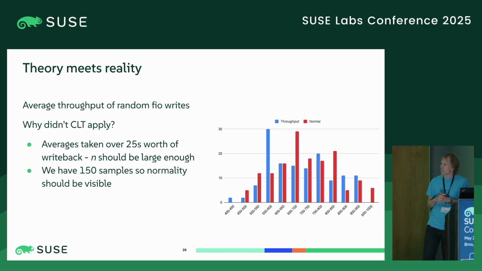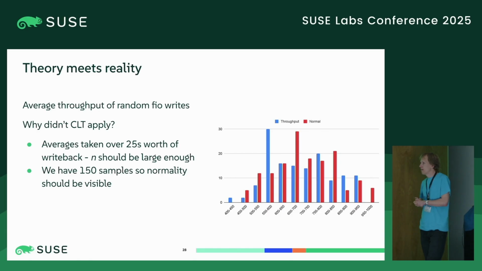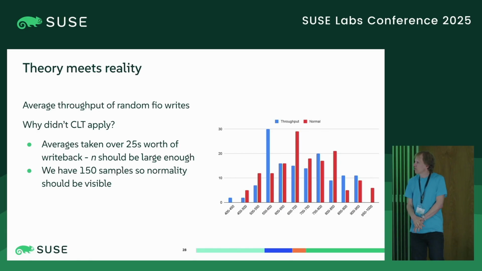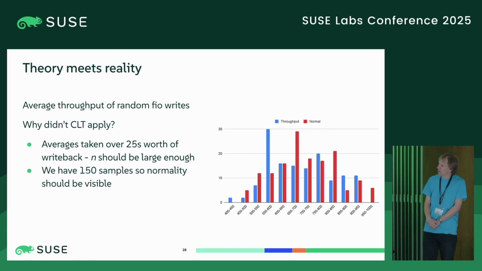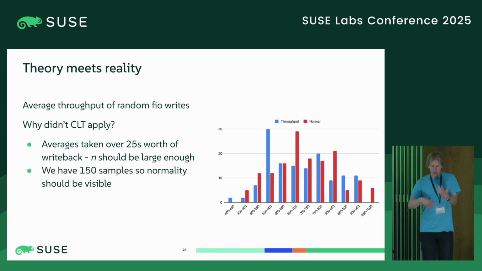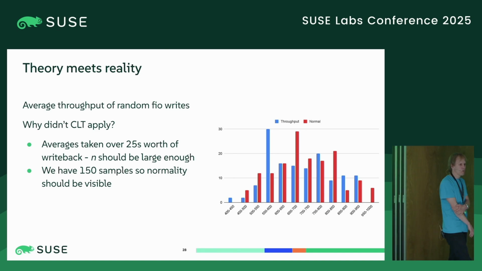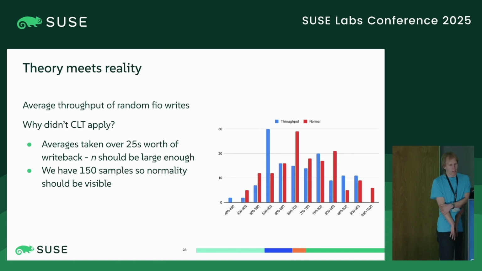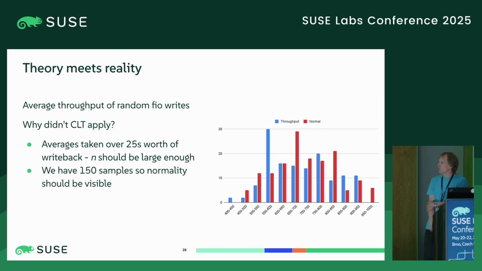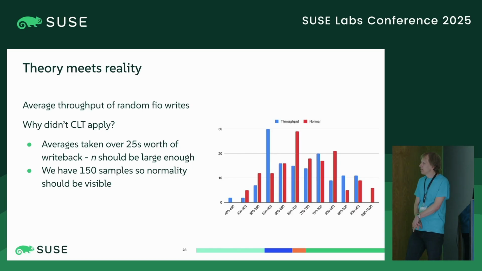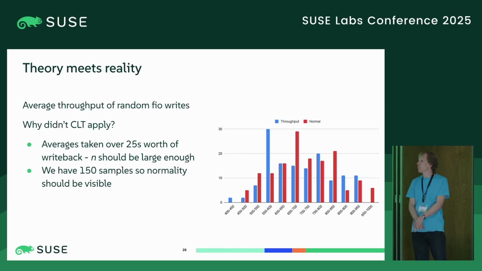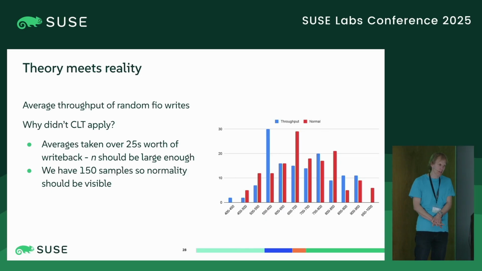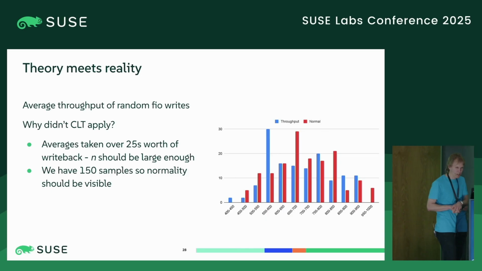Why doesn't it work? The averages we have taken here, the average throughput numbers, are taken over 25 seconds worth of write-back, which means it's a couple thousand IOs happening there. So it should be enough for the central limit theorem to apply. We have about 150 throughput numbers gathered here, so that should be a sample large enough to show the normality.